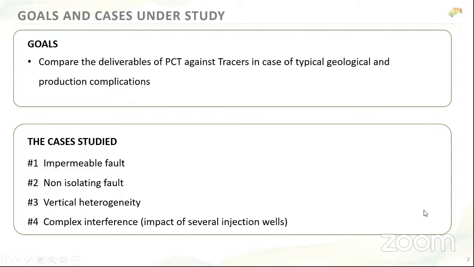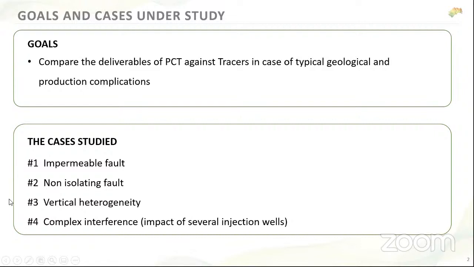The goal of the test was to compare deliverables from pressure pulse code testing and chemical tracers in different cases with difficult geological and production complications.